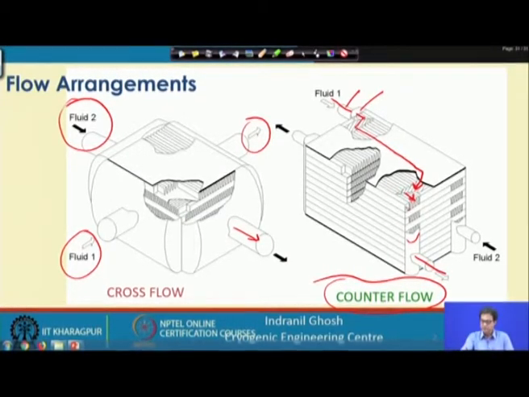So, when it is happening in this layer, this is the sidebar, and in the next layer we have some different fluid number 2, which is flowing in this direction, and they are forming a counter current pattern to each other. So, how do we fabricate this kind of heat exchangers?